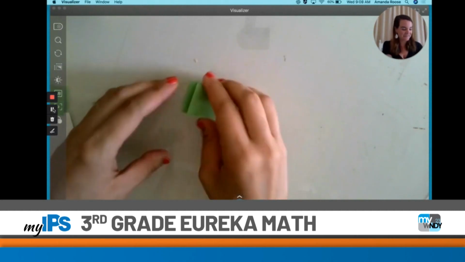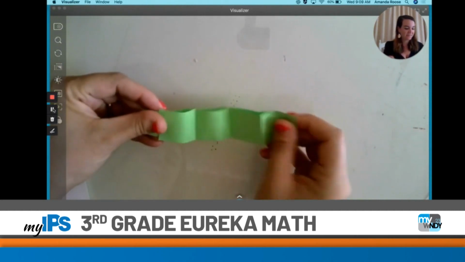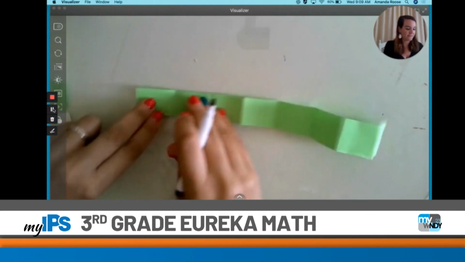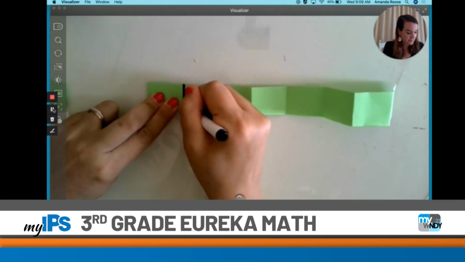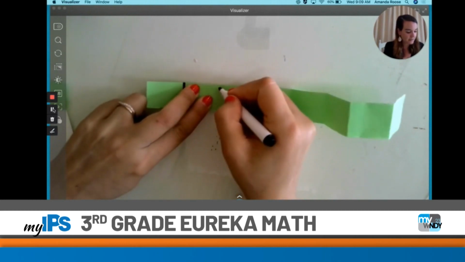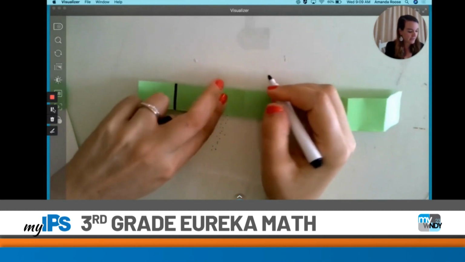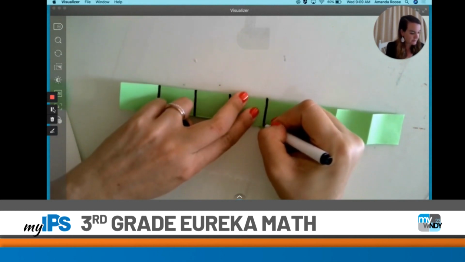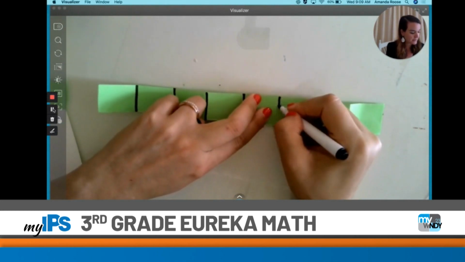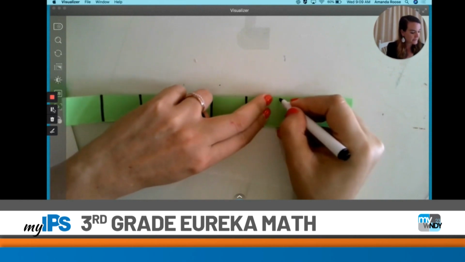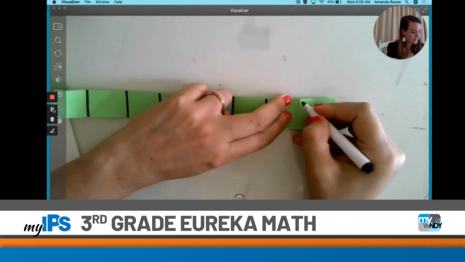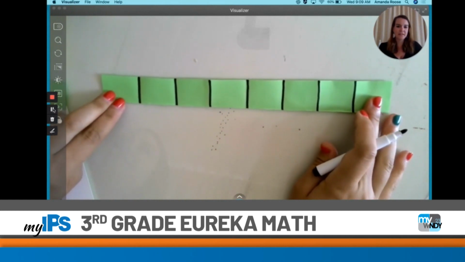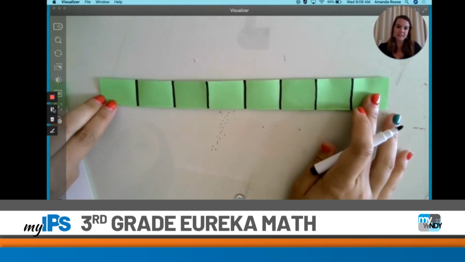Let's see. Okay. 1 line, 2 lines, 3 lines, 4 lines, 5 lines, 6 lines, 7 lines. I have 7 lines, but I wonder how many equal pieces I have.